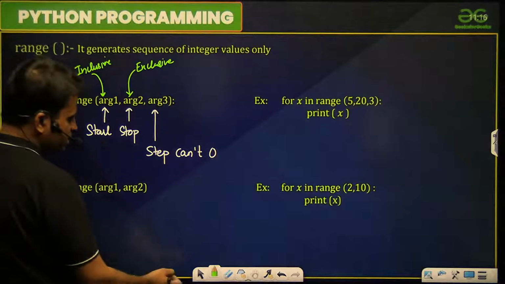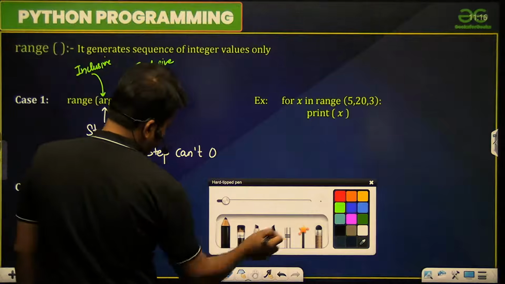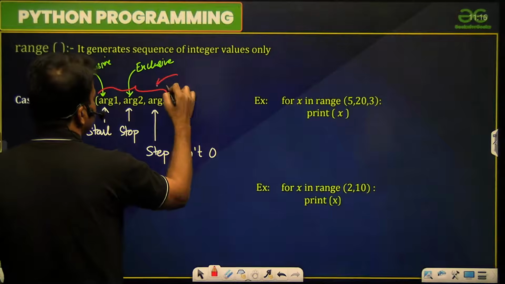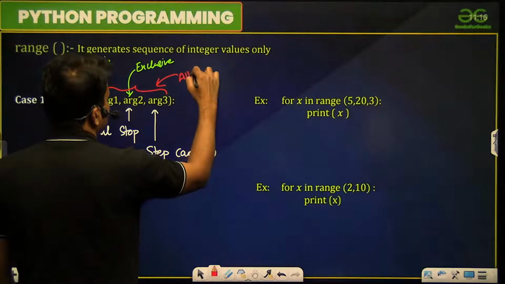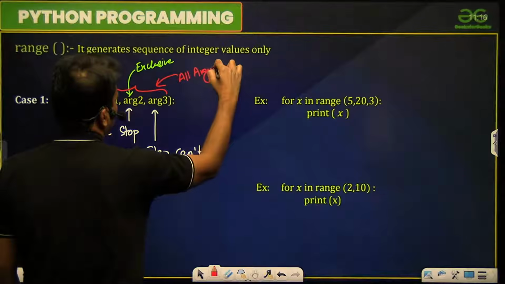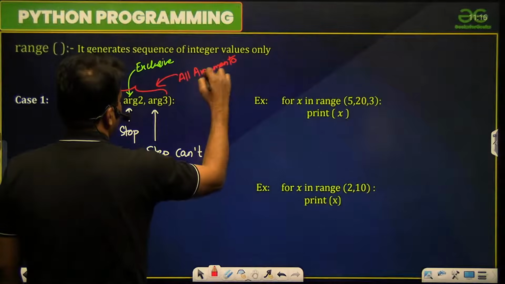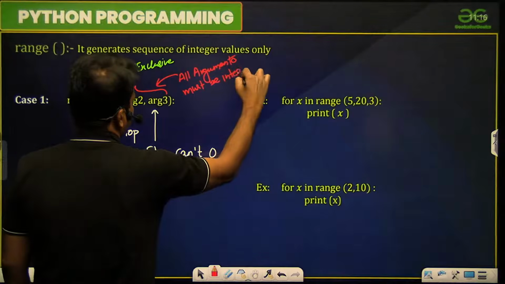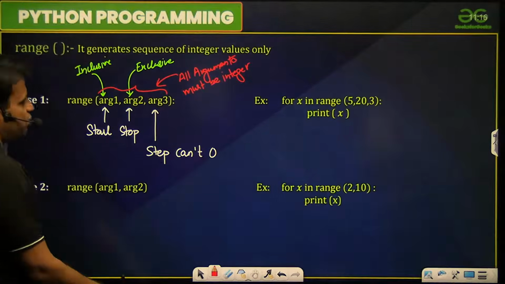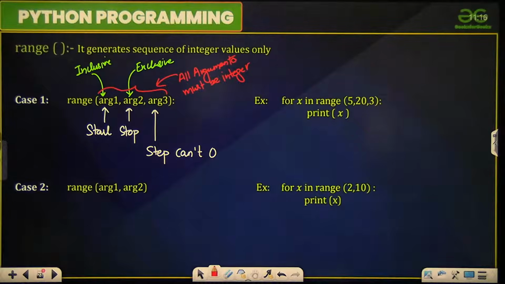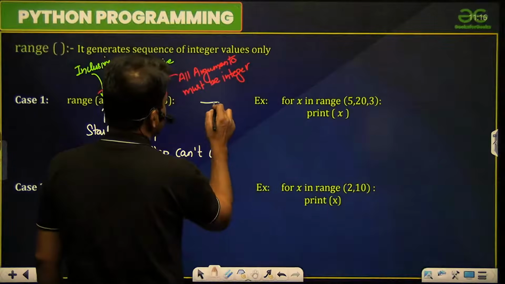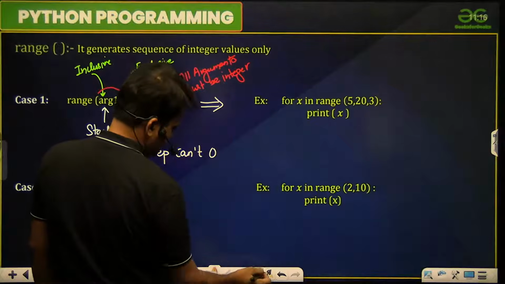And all arguments must be integers. Integer, not float; float is not allowed here. So this is the first case, student, and here is an example for this case.